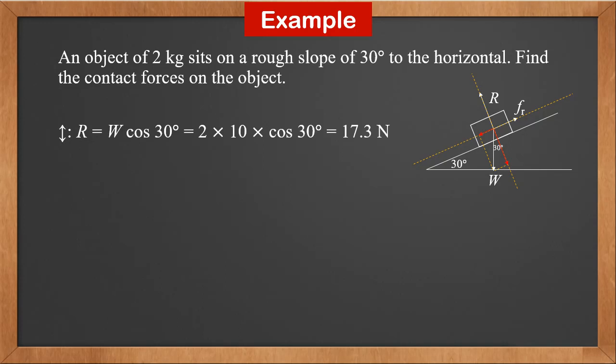In the perpendicular direction, the normal reaction R is equal to the component of W perpendicular to the slope, which is W cosine 30 degrees. It is 2 times 10 times cosine 30 degrees, which is 17.3 Newton. Along the slope, the friction is equal to the component of W along the slope, which is W sine 30 degrees. It is 10 Newton.